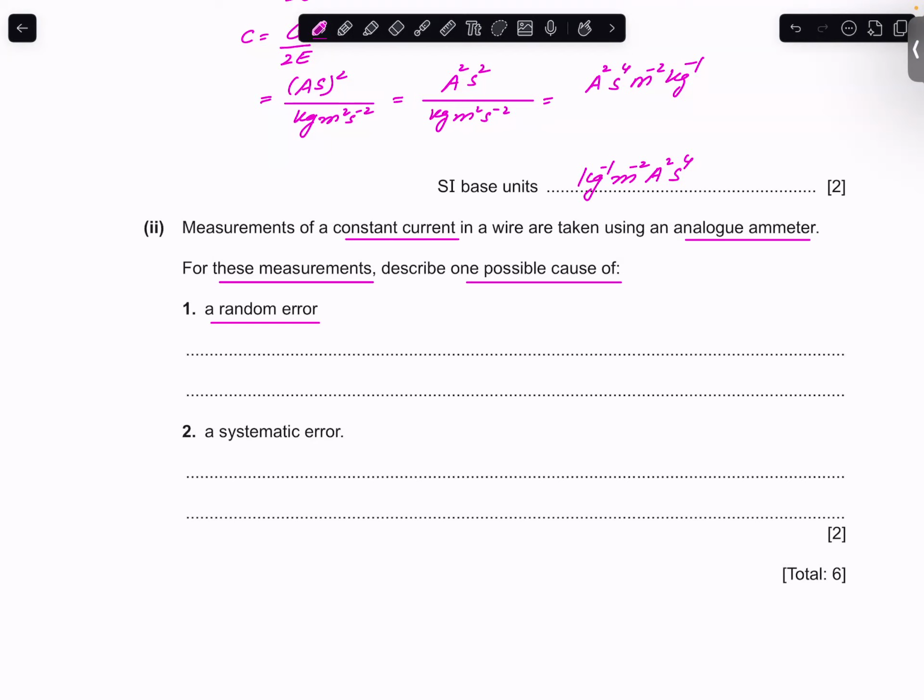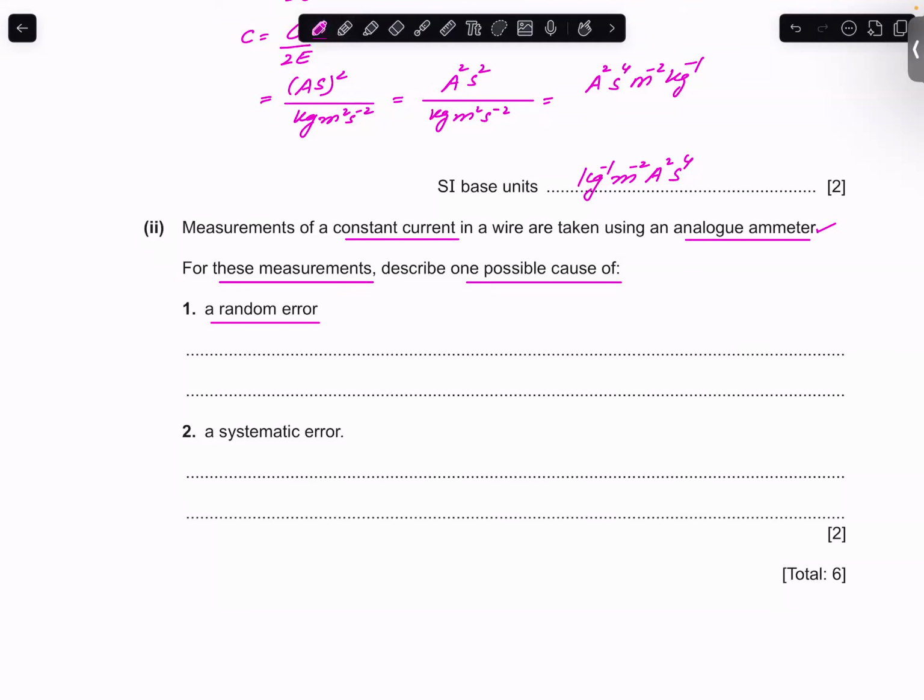In this particular case, when we take a reading from the analog ammeter, the question is to describe one possible cause of random error. A possible cause may be that the reading of the scale of the analog ammeter is not taken from the proper angle.